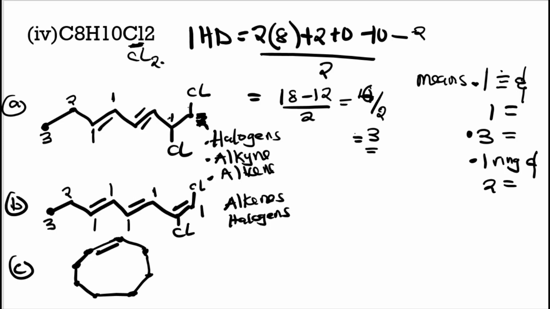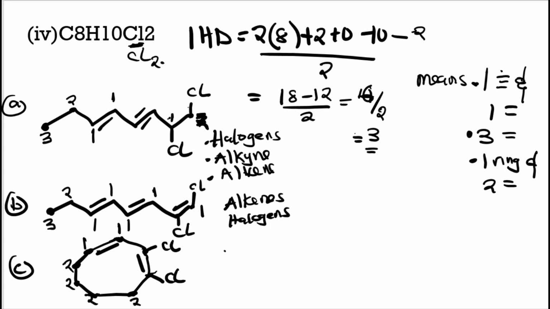So a double bond here, a double bond here, and you put your chlorine there, chlorine there. There's no hydrogen here, no hydrogen here. There is 1 hydrogen here, 1 hydrogen, 2, 2, 2, 2. You count the number of hydrogens: 1, 2, 3, 4, 5, 6, 7, 8, 9, 10.